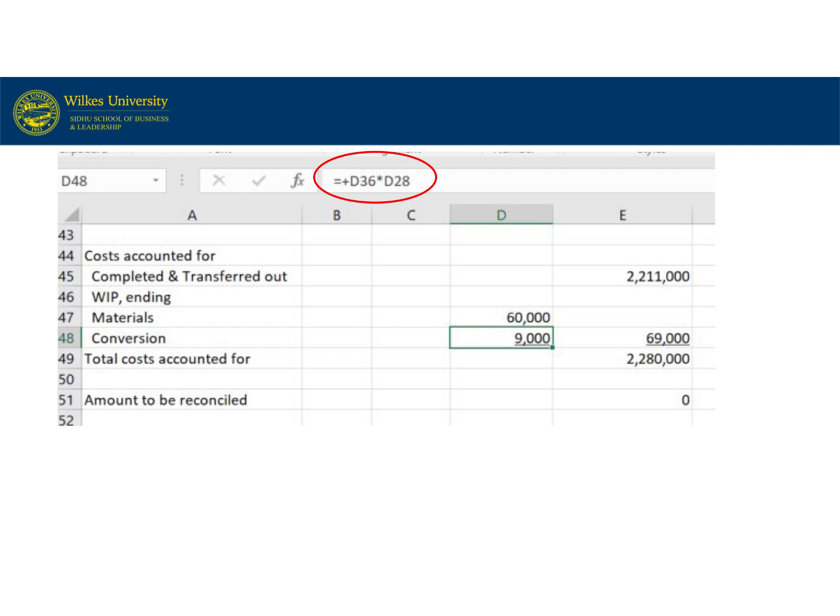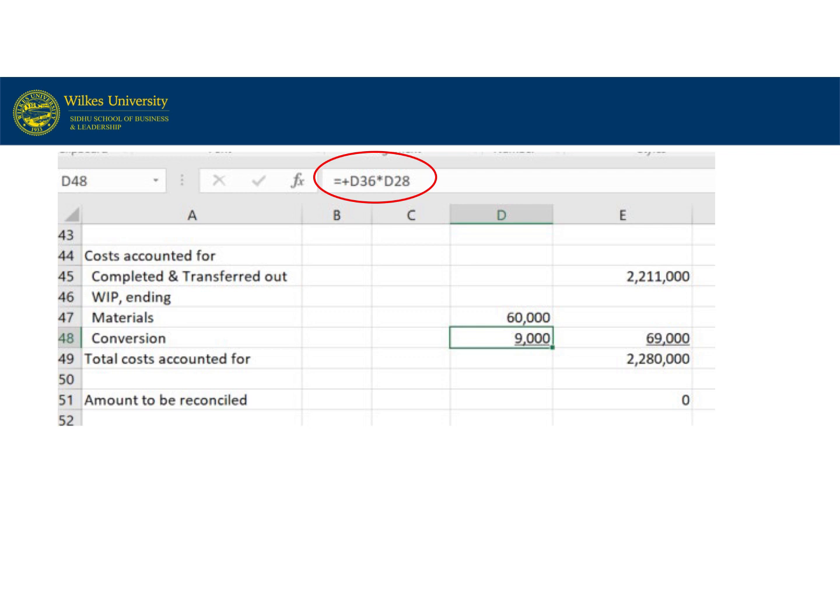Very similarly, we compute the ending work in process inventory for conversion costs. The conversion cost portion of work in process ending inventory is the equivalent units for conversion cost in ending work in process inventory times the cost per unit of just conversion costs. In the formula bar, you see D28, which is the equivalent units of ending work in process for conversion costs times D36, the cost of conversion per unit.